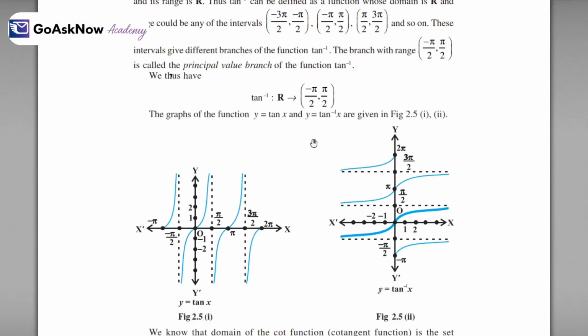If I just take a domain from minus pi by 2 to pi by 2, but not the closed interval, because at minus pi by 2 and pi by 2 the graph is not defined. If I include both points, it will not be defined in this interval. So the domain should be the open interval minus pi by 2 to pi by 2.